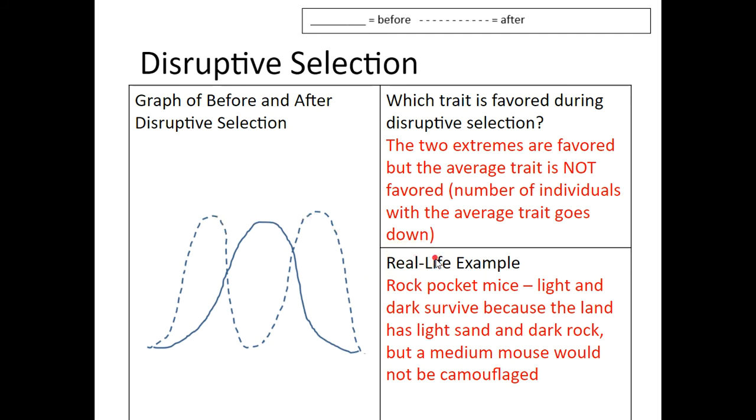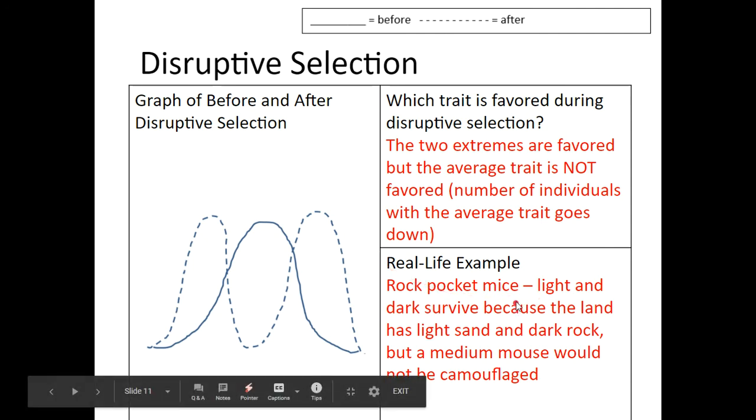So, for example, there is a mouse, it's called a rock pocket mouse, that has variation. They have a light and a dark fur color. And both of those traits are favorable because they live on a light, sandy desert environment, but they also live in a dark rock environment.